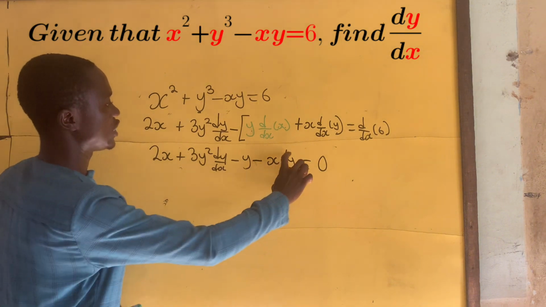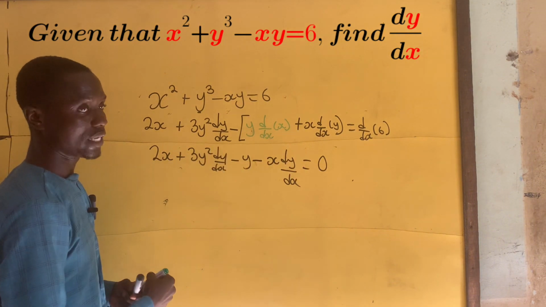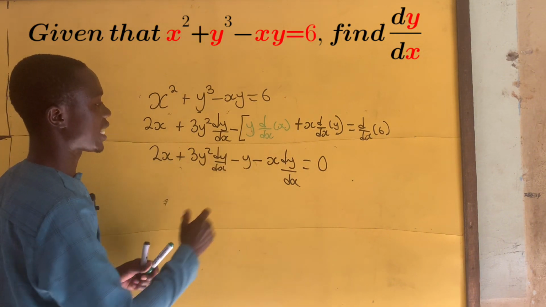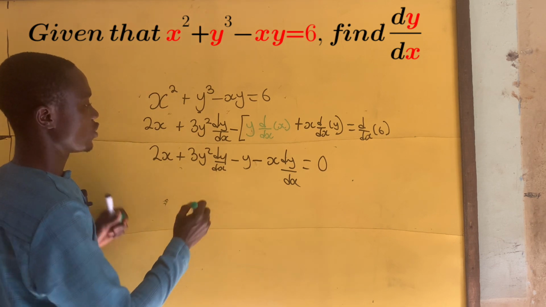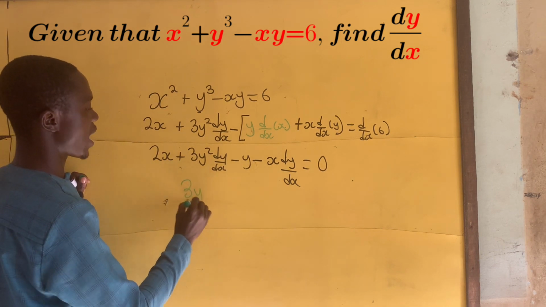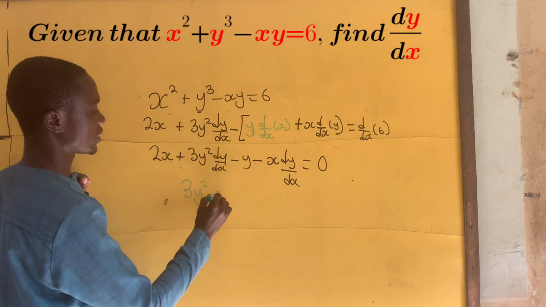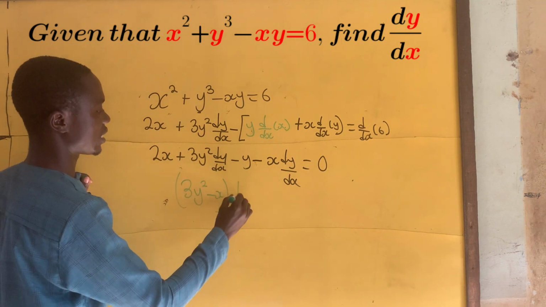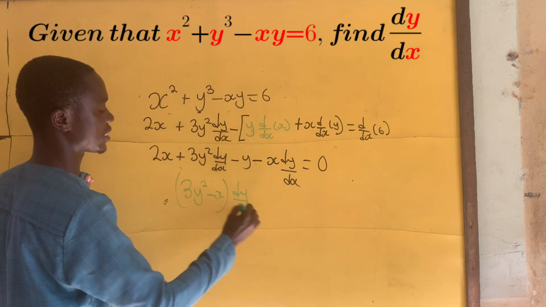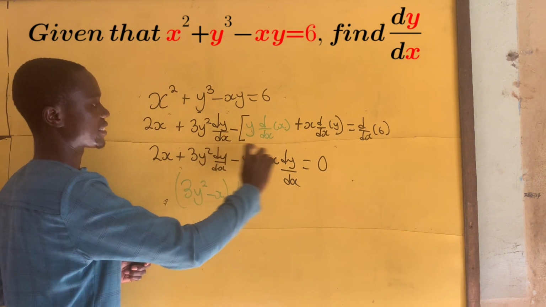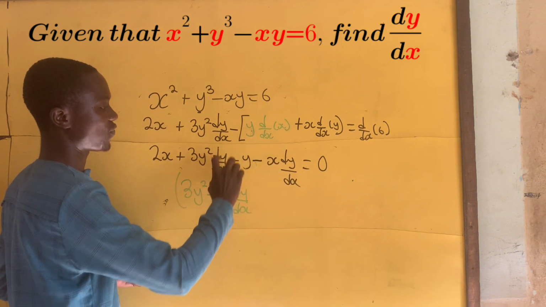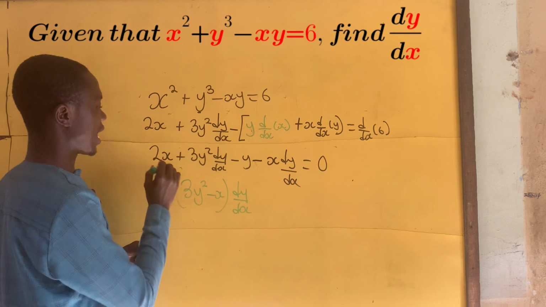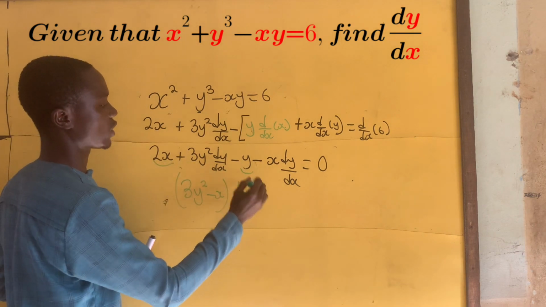We have our dy/dx. So let us factorize dy/dx out and group the other terms. So here we can write 3y squared minus x and bring our dy/dx outside. So I factorize dy/dx out. Now I have 2x minus y.